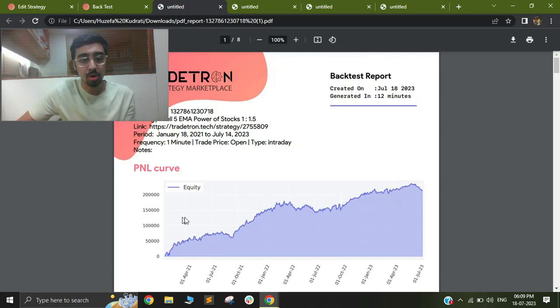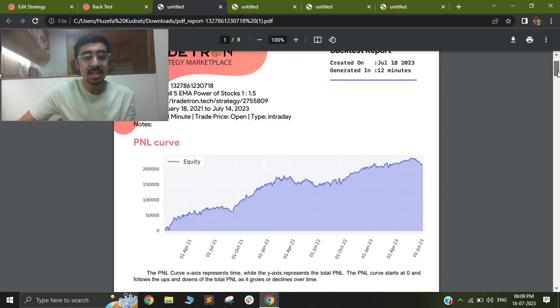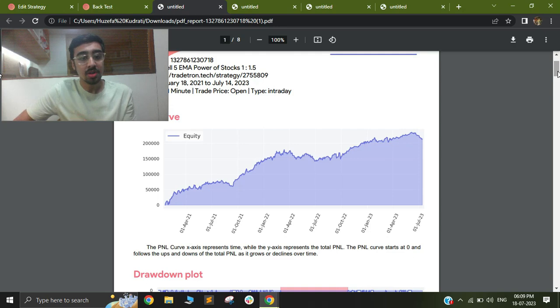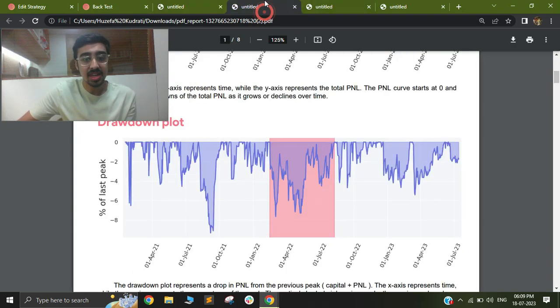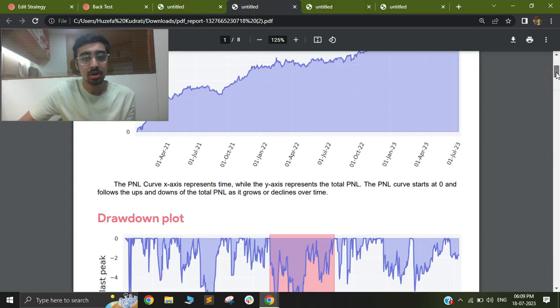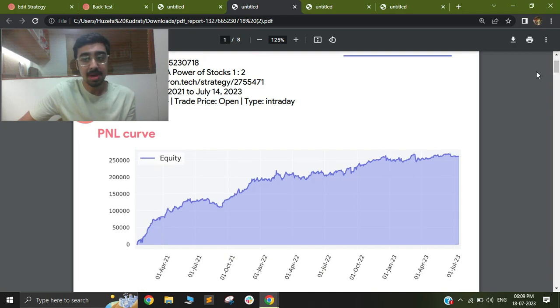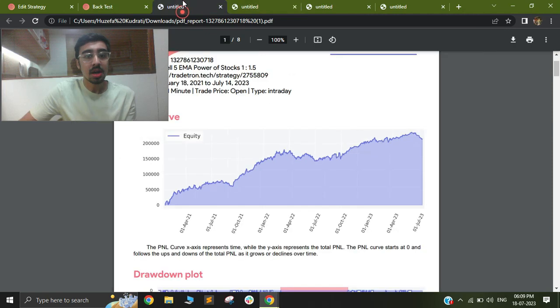this particular report is actually giving an even more smoothened curve, which means that if I compare it against this particular report, along with the stats of this report, I'm seeing that reducing the RR is actually helping me gain a better advantage in this particular strategy.